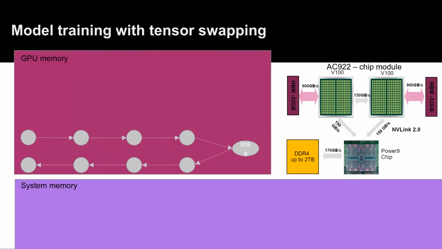just to mention, I've put the architecture of the AC922 here so you can better understand the different components. We mentioned already that the memory bandwidth between the memory and the CPU is around 170 gigabytes per second. The NVLink from the P9 to the V100 is 150. And then you also have to consider the bandwidth from the GPU memory, based on HBM2, 32 gigabytes, to the actual V100 chip itself.